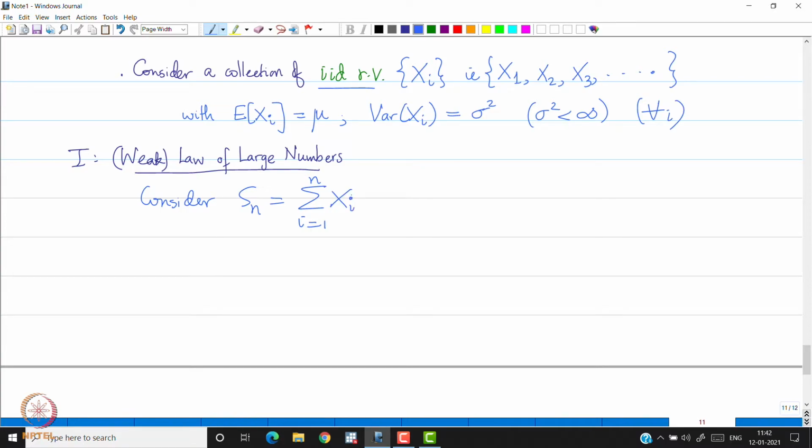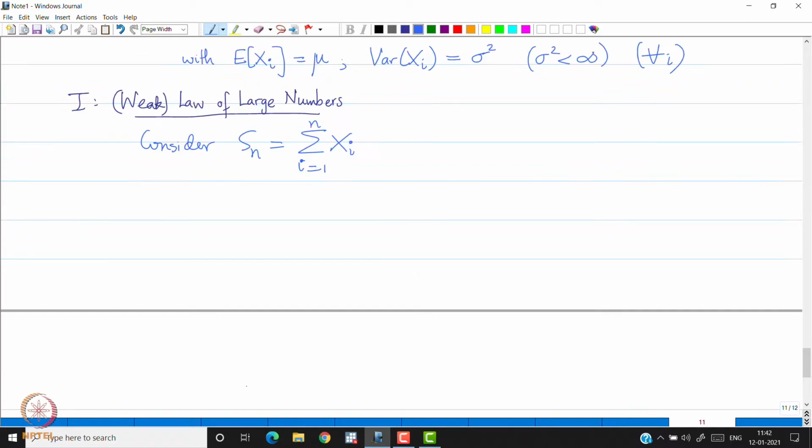So, in all of these things we are going to consider this quantity Sn, which is basically the sum over i equal to 1 to n of the xi, that is the sum of n of them. But what is more interesting than the sum itself is the sample average.